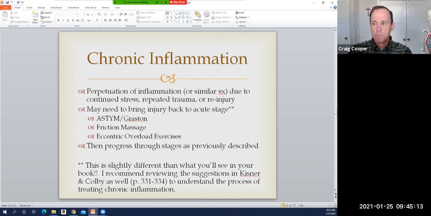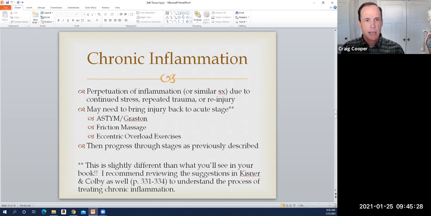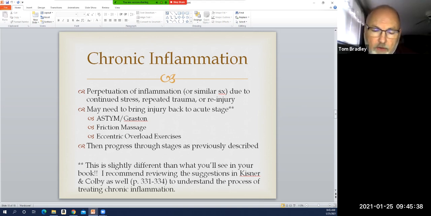That would introduce some new trauma to the tissues that would theoretically jumpstart the inflammatory process, moving it out from being chronically inflamed to acutely inflamed, so we can get the proper release of healing growth factors and hormonal responses that might help us create new, more functional tissue in that area. I've had that process done and I got great results.